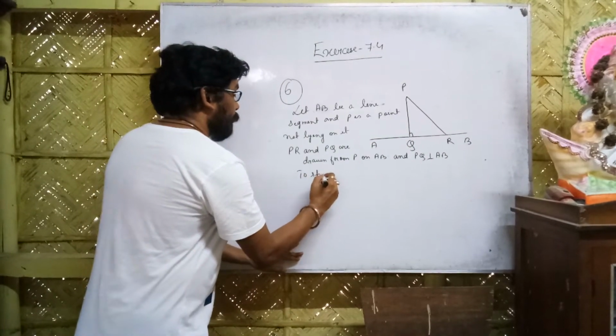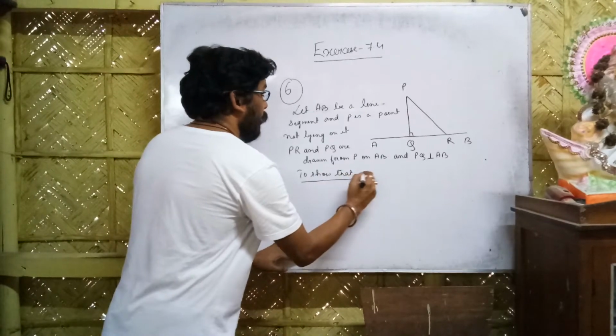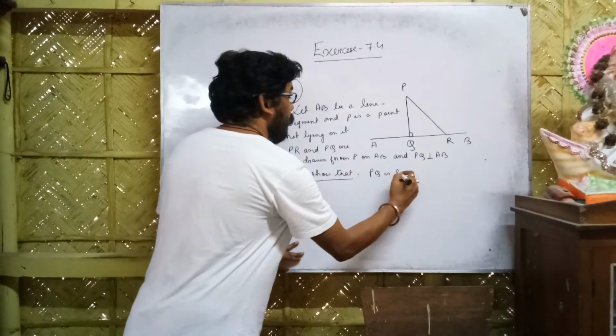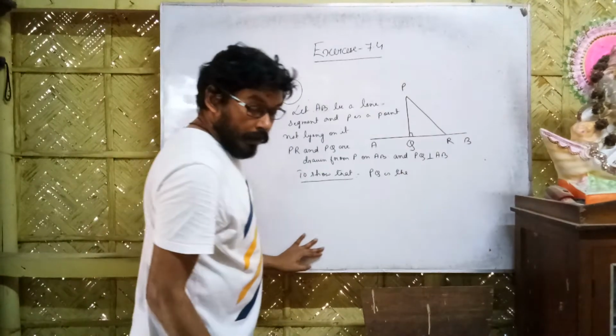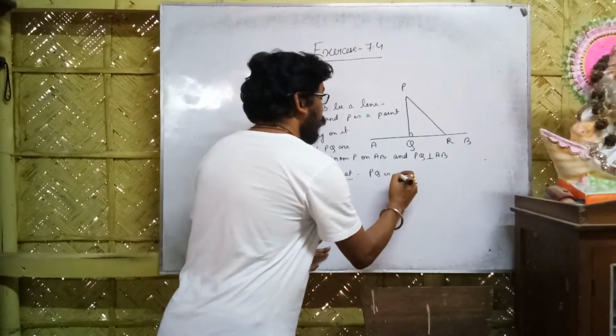To show that, what I have to show? PQ is the shortest line segment.